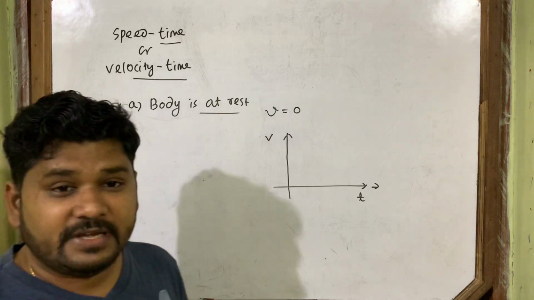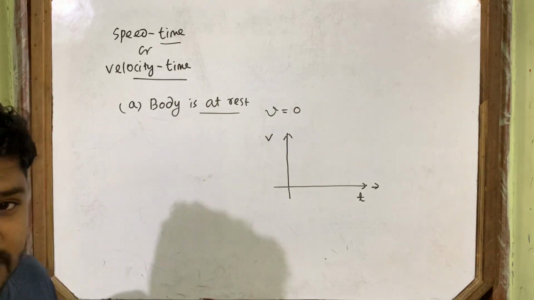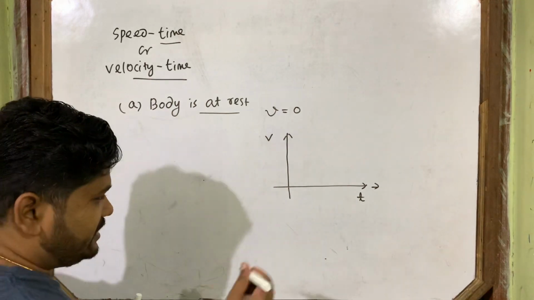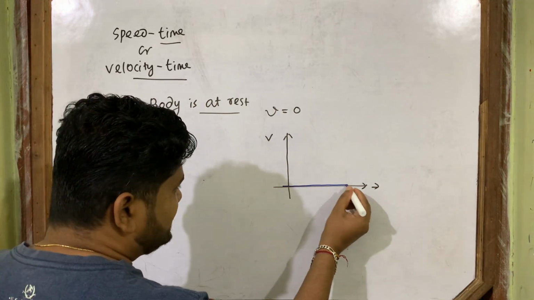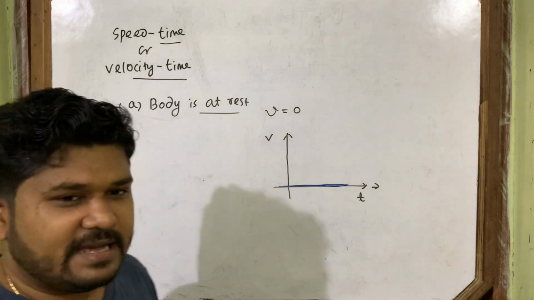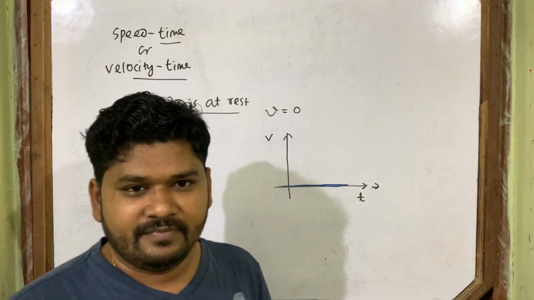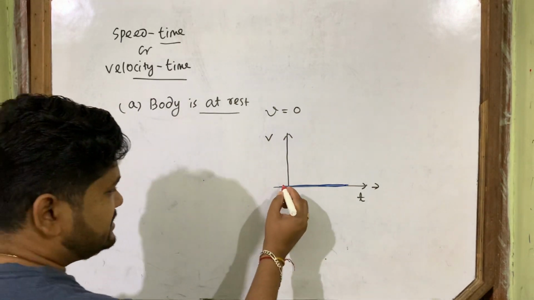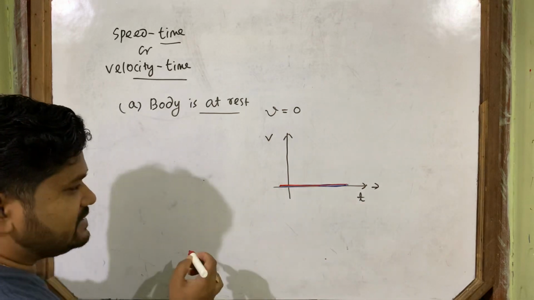Velocity 0 means it always remains 0. So this line is the time axis itself. The time axis itself is the velocity-time graph of the body at rest.